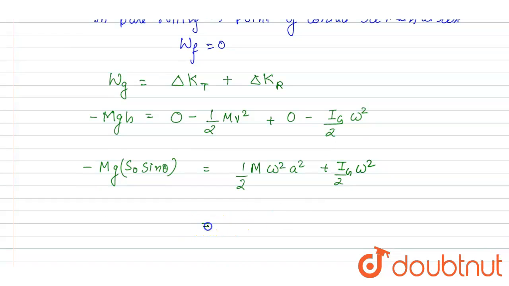Now you can take this omega square by 2 common. So here the minus sign you can cancel out, right?